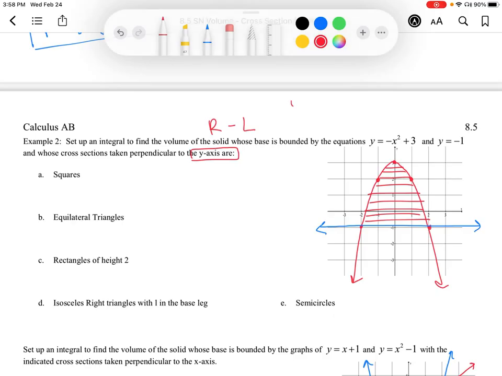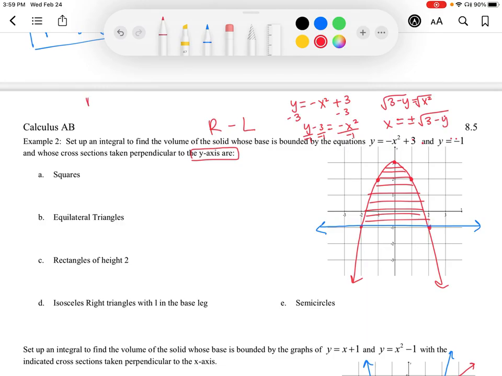Let's start by taking y equals negative x squared plus 3 and solving it for x. I'm going to subtract 3, so y minus 3 is equal to negative x squared. Then I'm going to divide by that negative, so now I'm looking at 3 minus y is equal to x squared, and I'm going to take the square root of both sides. So x is equal to plus or minus the square root of 3 minus y.